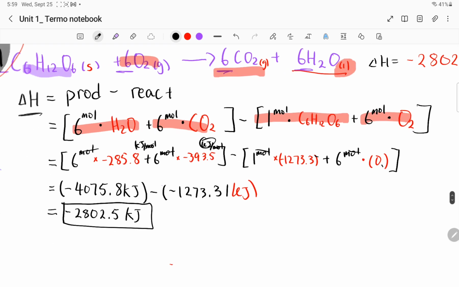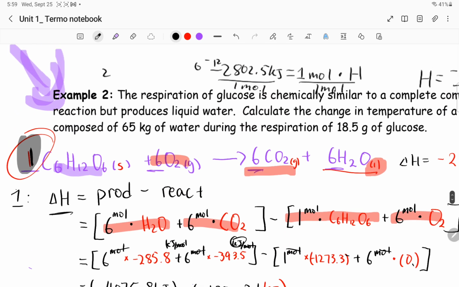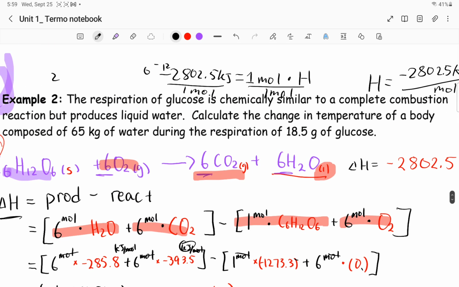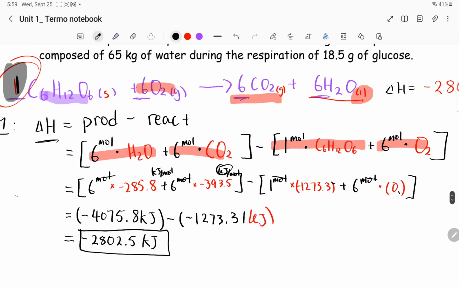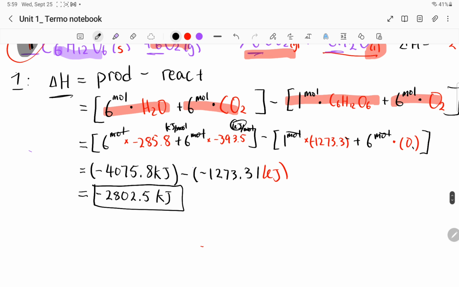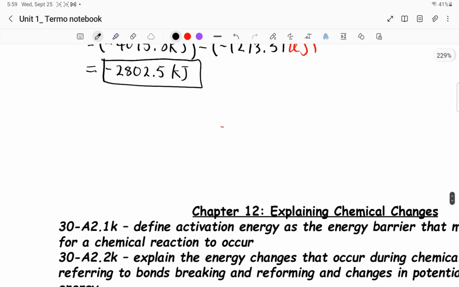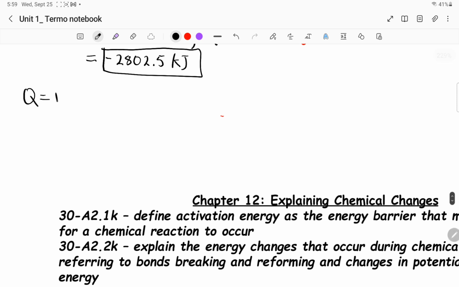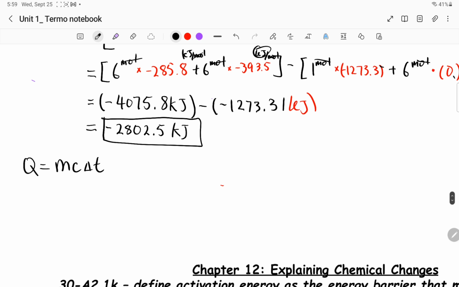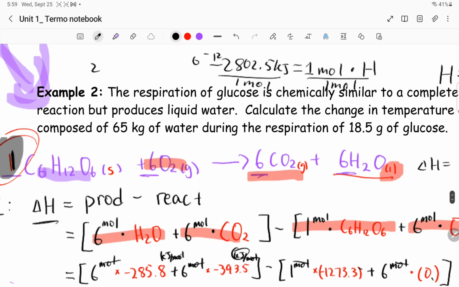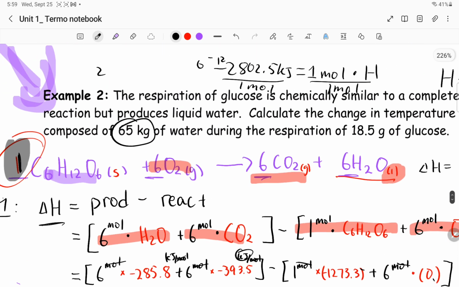Now let's make our little formula. The question is asking us to calculate the change in temperature. Which of our equations will include a change of temperature? Q equals mc delta T. Let's do that. Now, what's changing? 65 grams of water.